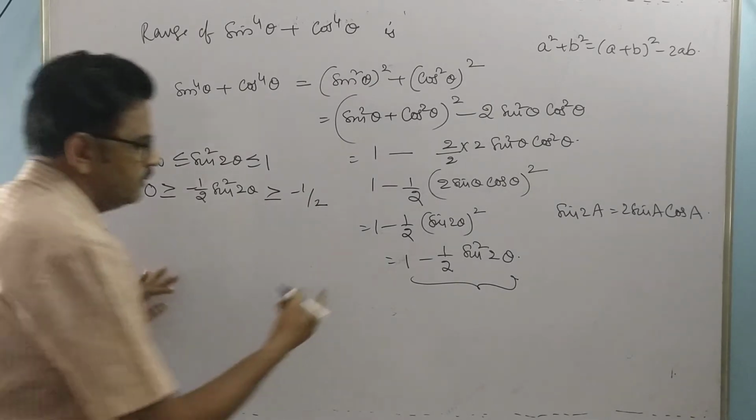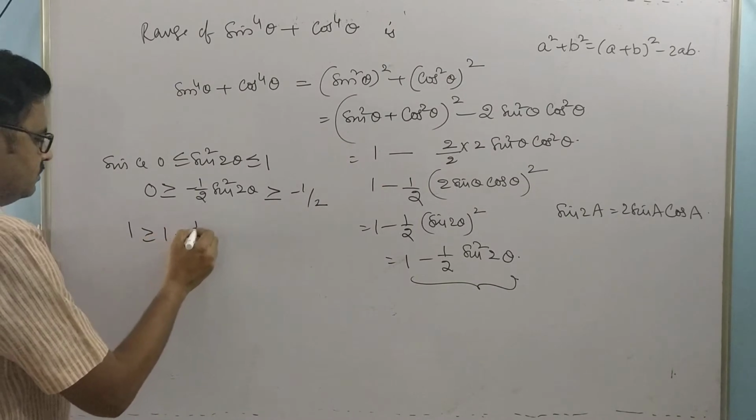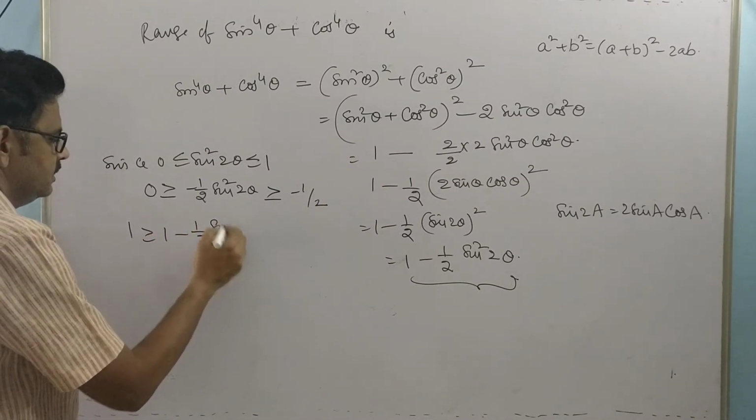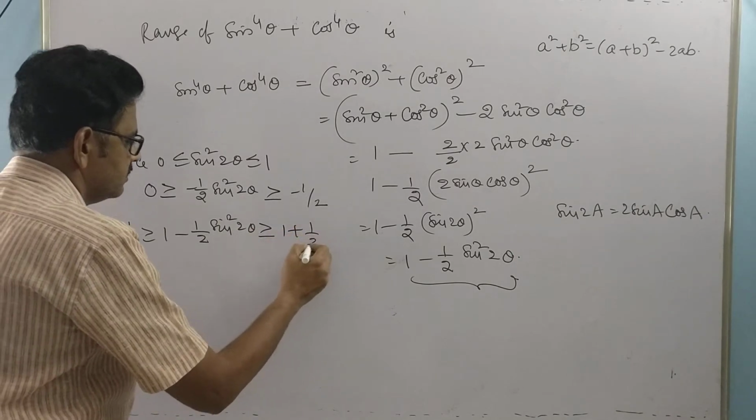Now adding 1 completely, 1 is greater than or equal to 1 minus 1 by 2 sine square 2 theta, which is greater than or equal to 1 plus minus 1 by 2, that is 1 by 2.